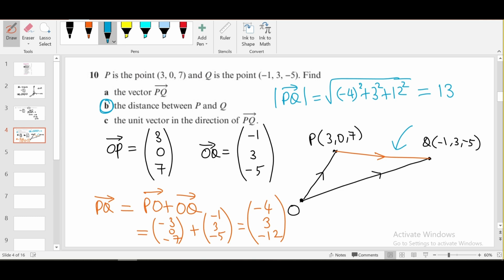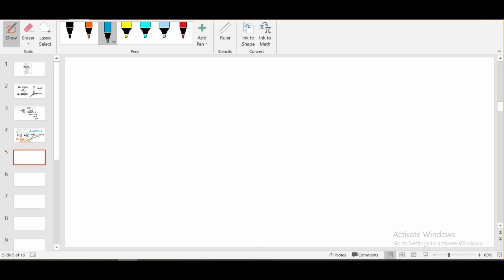Okay, now hang on. Before I move on to the next question, I'm going to explain something here. Listen to me carefully. On this 3-dimension plane, let's take a point with x coordinate, y coordinate and z coordinate, P. So the position vector, you will see this word position actually.